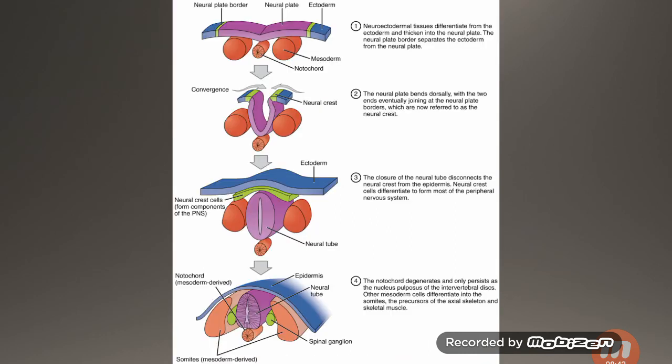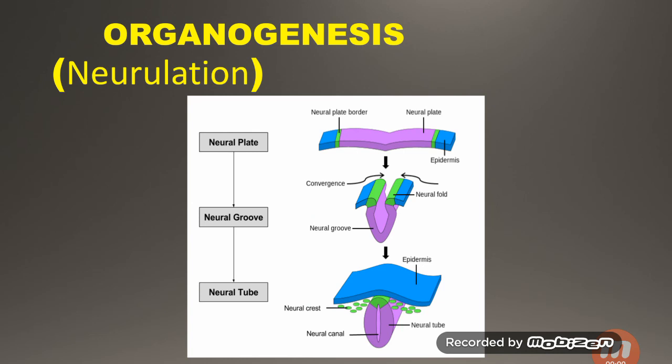In this process of nervous system formation, as we know, epiblast turns into ecto and mesoderm, whereas the hypoblast forms the endoderm. And if we talk about ectoderm, it will form the nervous system.